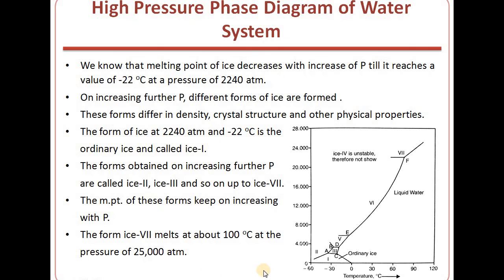Above this pressure, for the different forms of ice, the melting point increases with increasing pressure. For ice 7, the melting point reaches nearly 100 degrees Celsius at a pressure of 25,000 atmospheres. So we can see how hot the melting of ice is at 25,000 atmospheres. It reaches up to 100 degrees Celsius, which is the boiling point of water.